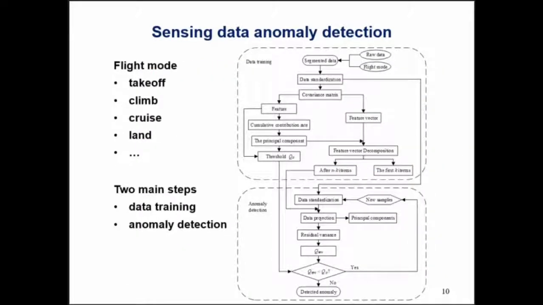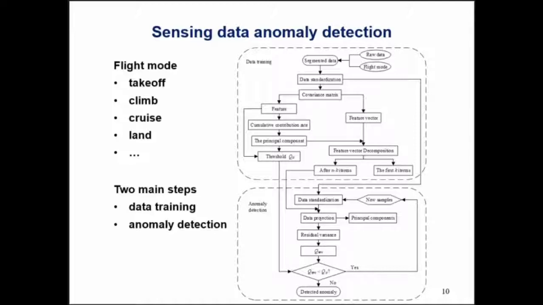It's important to note that the UAV has different flight modes, such as takeoff, climb, cruise, and land. In these different modes, the raw data have different features. So when we analyze this data, we should segment the raw data by flight mode.